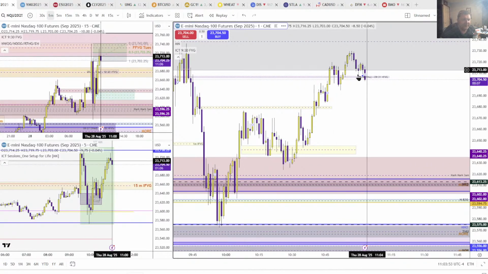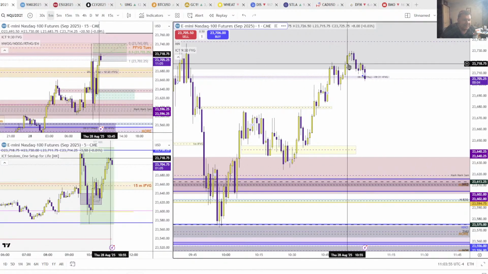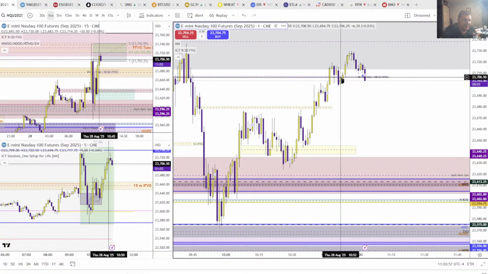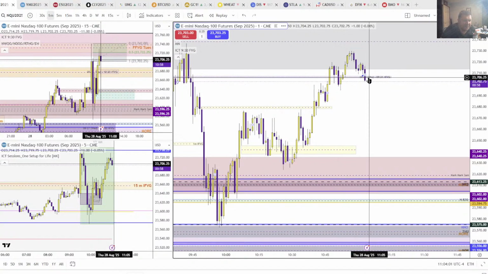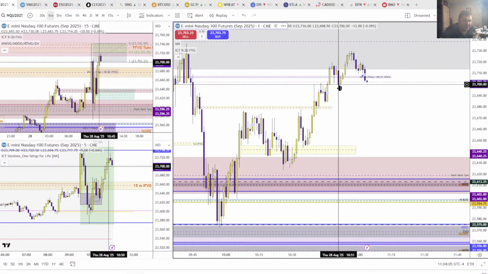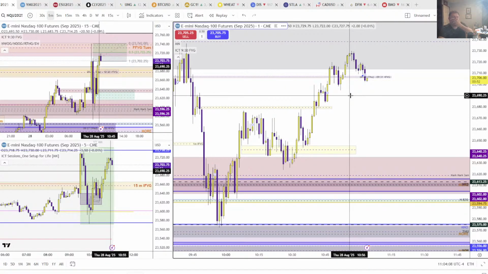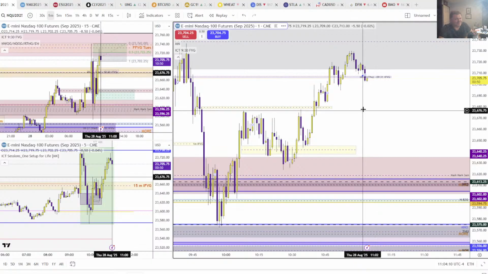So here we go. We come back up into the premium level. Now we're dropping through this little discount area here, through the mean threshold, come back, give that first presentation a little tap now before extending the range. Right there.